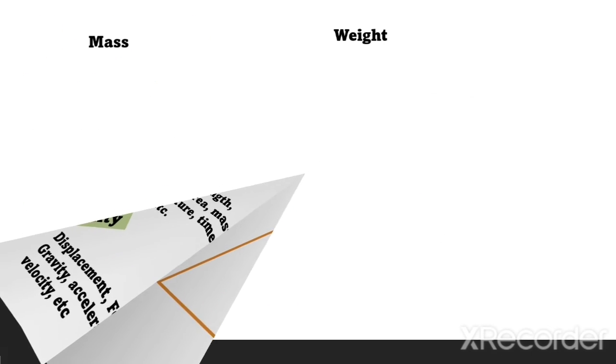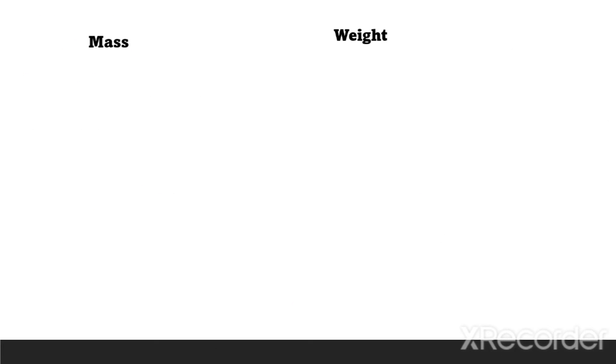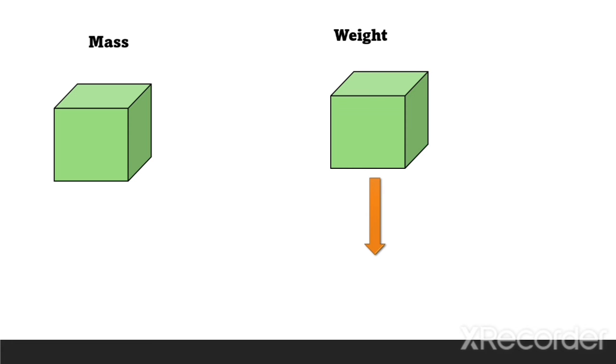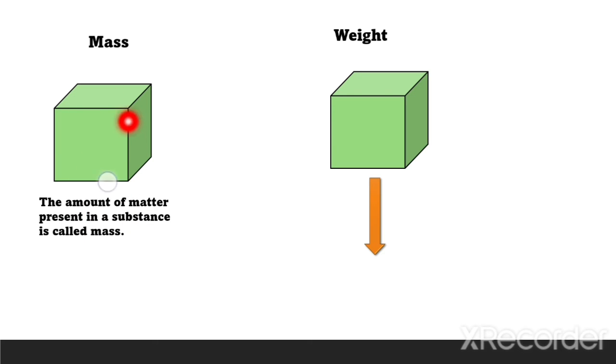Let's take one more example, mass and weight. Here we will compare the mass of this object, this cubical box. Mass means the amount of matter present in that substance. Whatever amount of matter is present in this box is known as the mass of this particular box.